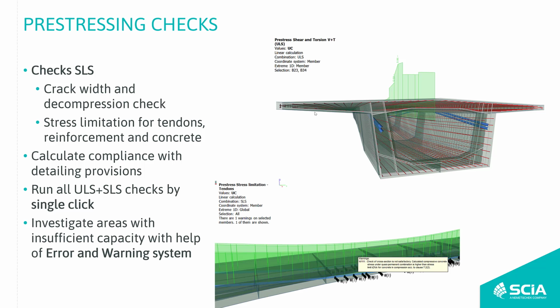Also, if there is something which is not clear to you, or there are some places where there is insufficient capacity, you can see these warnings, or in worst cases errors, which draw your attention to those spots.